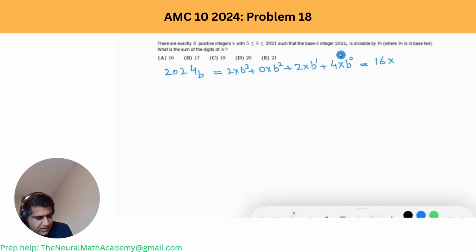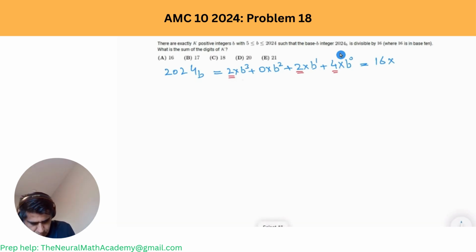Since this number has 2 in common, I can also express this number as b cubed plus b plus 2, and that is equal to 18x.